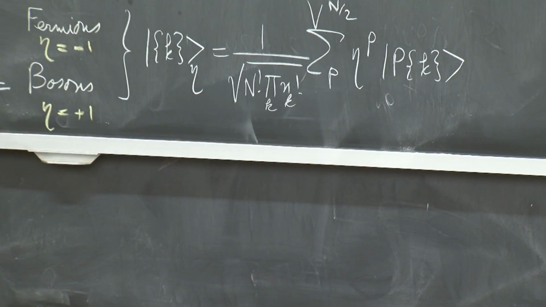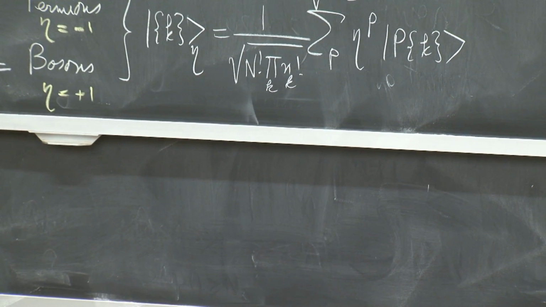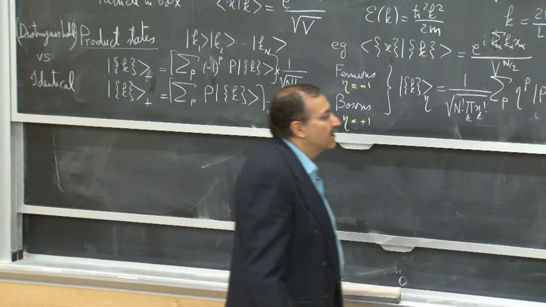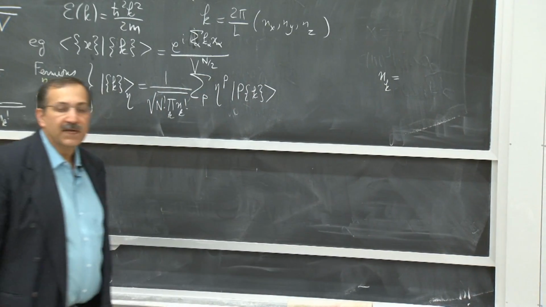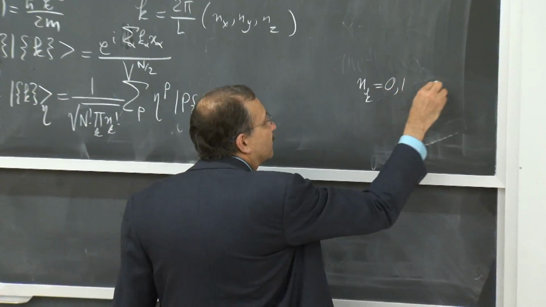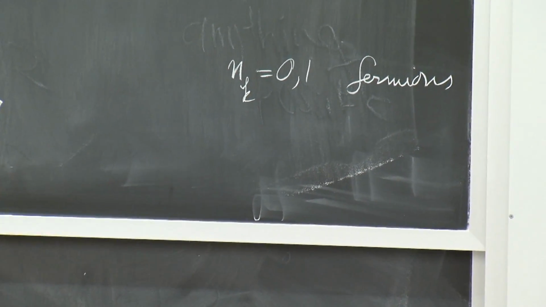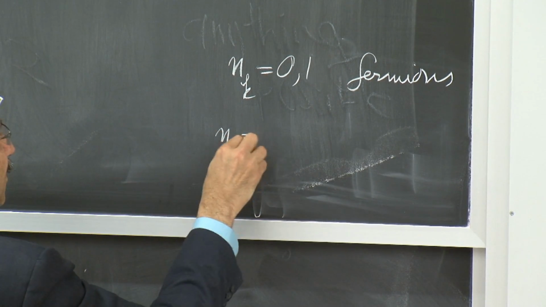And in this way of noting things, I have to assign values n_k, which are either 0 or 1 for fermions, because as we said, multiple occupations are not allowed. But there is no restriction for bosons.